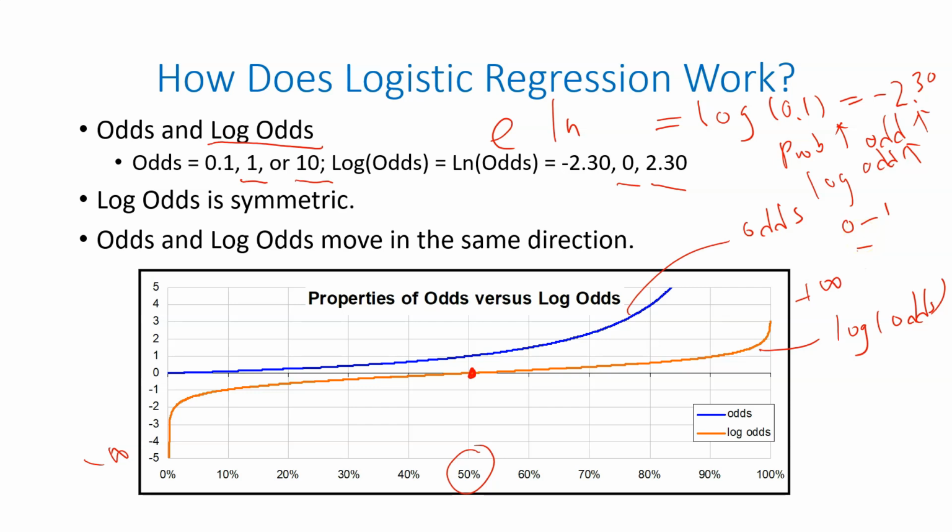Now we have completed our transformation. By transforming probability into odds and then log odds, we have stretched the range of values from 0 to 1 to negative infinity to positive infinity. We are now ready to use the regression function to predict probabilities.